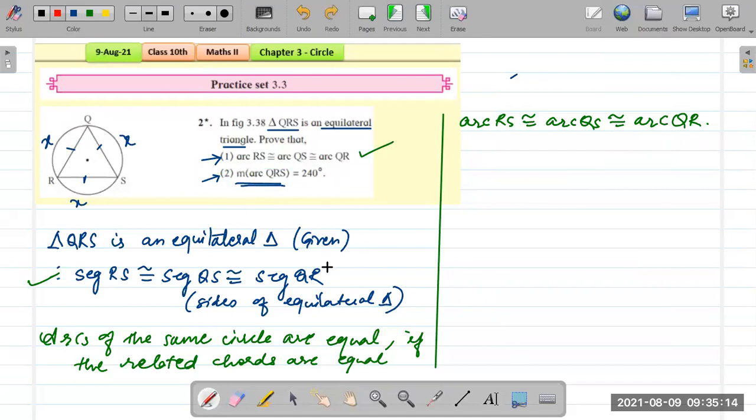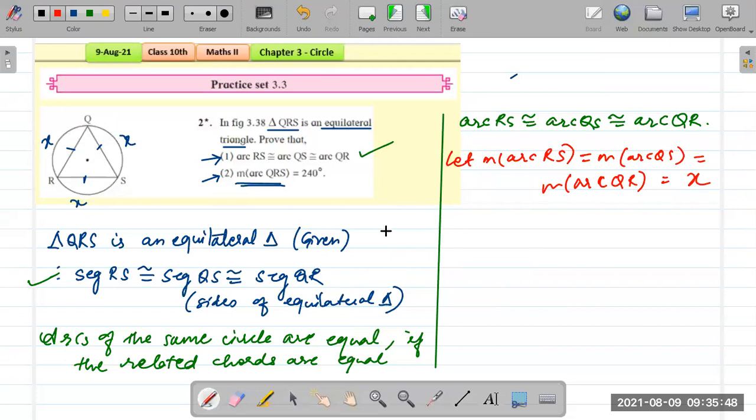Just check. How can we start? All of the 3 are equal, so we can say let the measure of all 3 arcs be X. So let measure of the arc RS equal measure of arc QS, which is equal to measure of the other remaining arc QR. Let us say all of them are equal to X. And then we know sum of all 3 will be equal to 360 degrees, right?